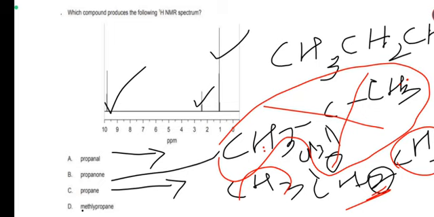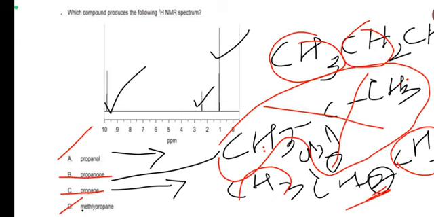So you can neglect propane and propanone from these answers, and the option would be either A or D, right? In A, you are getting CH3 proton, CH2 proton and CH2OH proton. In the case of methyl propane, you are getting the CH proton attached to CH3. This is again giving two signals. So you can directly choose A as the correct answer.